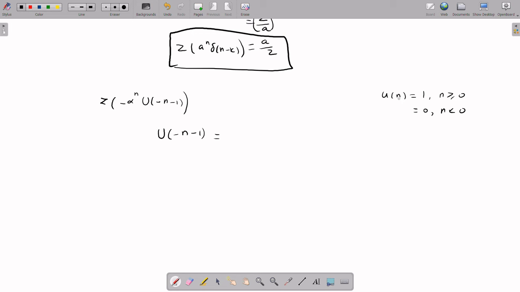But instead of n, in our problem minus n minus 1 is given.